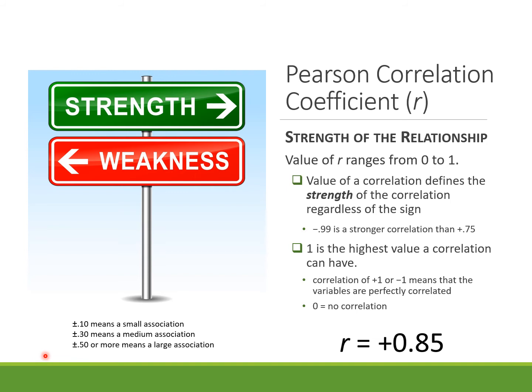I've seen it at 0.7, but obviously that would be a larger association. We're looking for the larger the number, the stronger the relationship between the two variables. So this tells us that the relationship between hours of sleep and mood is a positive, strong correlation.